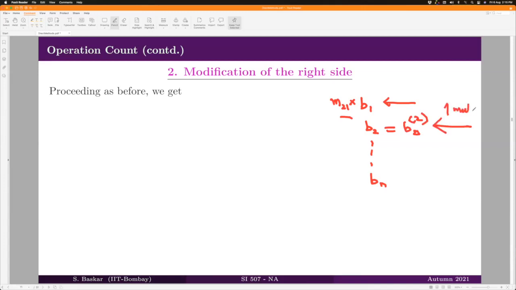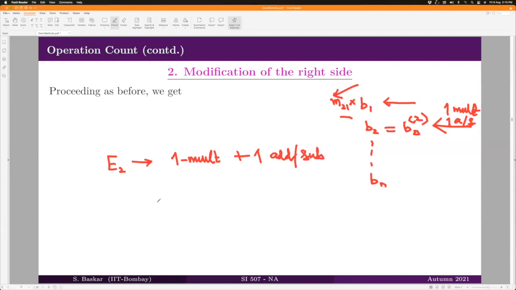Remember, there is no division because that is already counted in the elimination part. Therefore, you don't count it once again here. You will be storing it in a variable and just using it in this multiplication. Therefore, there is only one multiplication and one addition or subtraction. So the equation 2 right hand side involves one multiplication and one addition or subtraction, right?